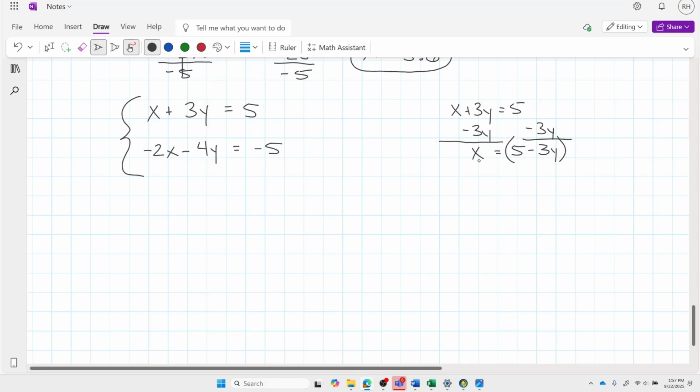Make sure you go back to the other equation and substitute 5 minus 3y where this x is right here. So we get negative 2 times our x, which is 5 minus 3y, minus 4y equals negative 5.